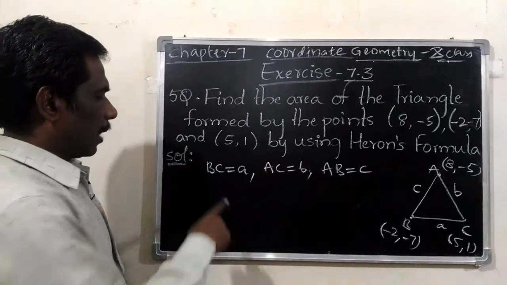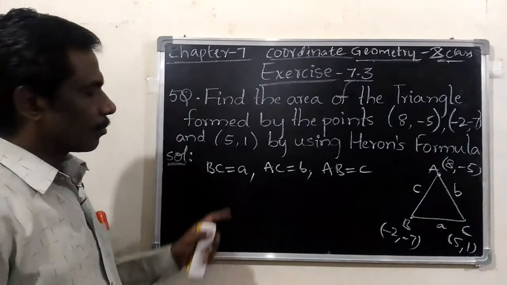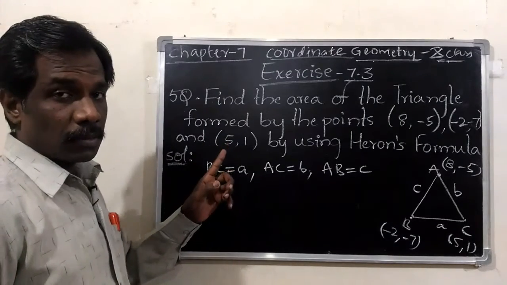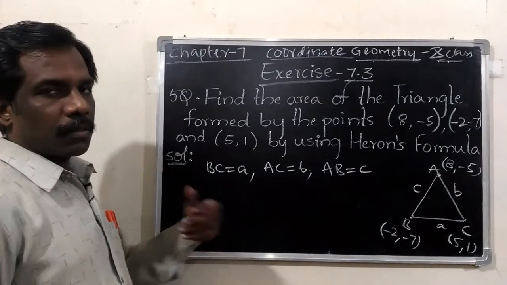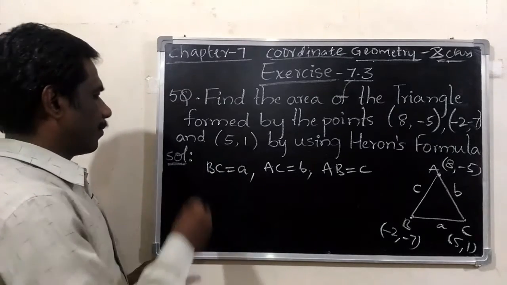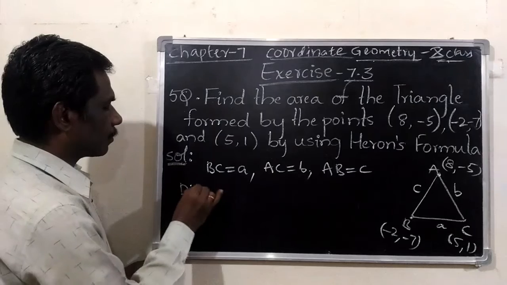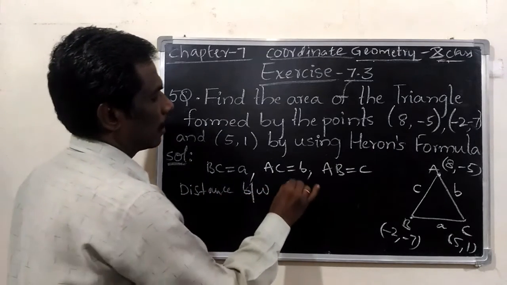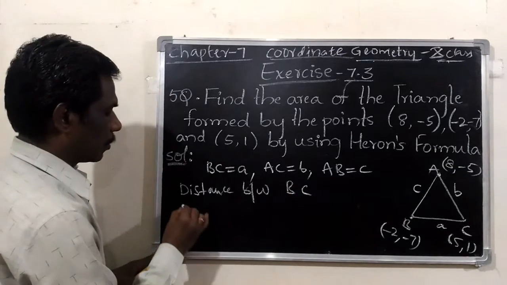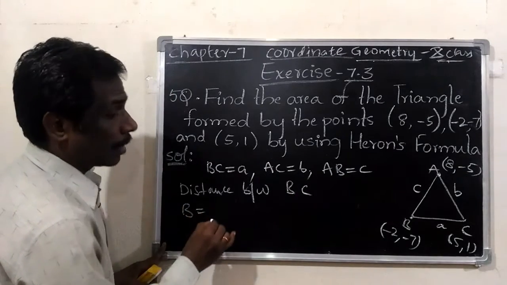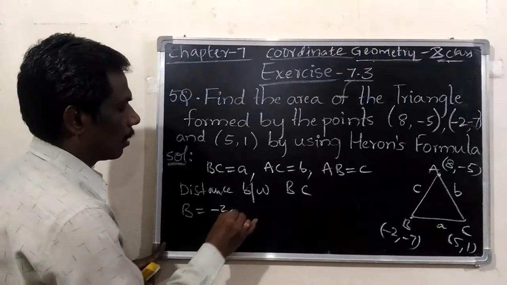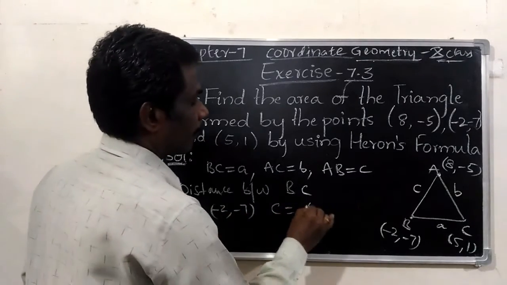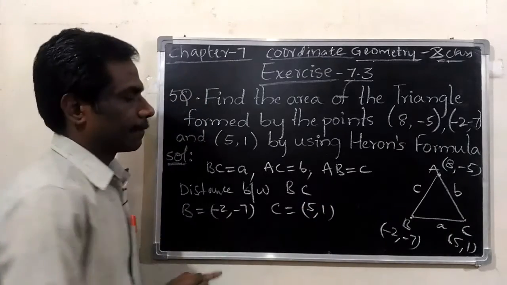So we find these distances, or we can say their lengths. Both are the same. First we find the distance between B and C. B is (-2, -7) and C is (5, 1).